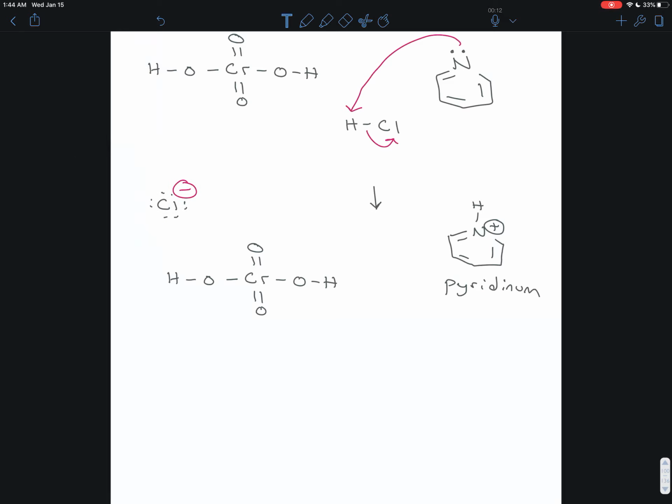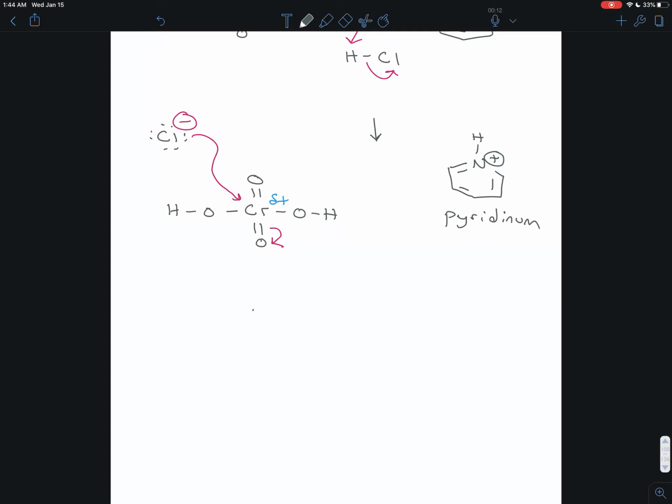That chlorine with a negative charge then can feel the slightly positive chromium here, swoop in, attack it, one of the pi bonds breaks, and you end up with a molecule called chlorochromate. You have the chromate. Oops, there's only one bond there because the pi bond broke.